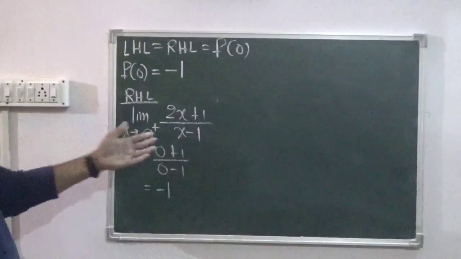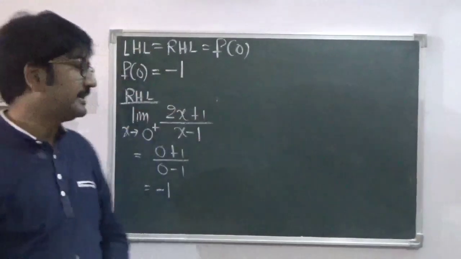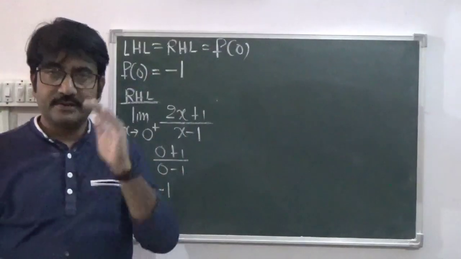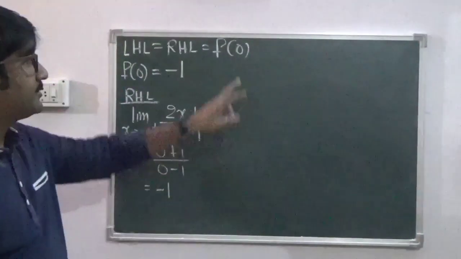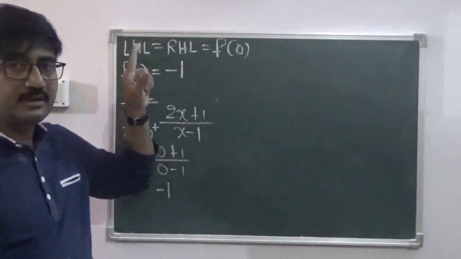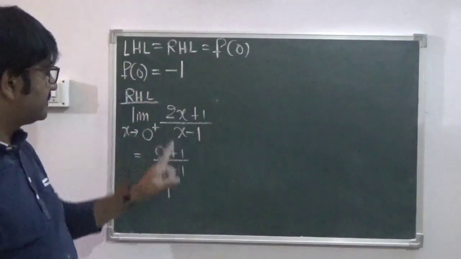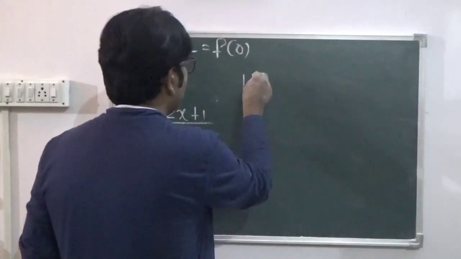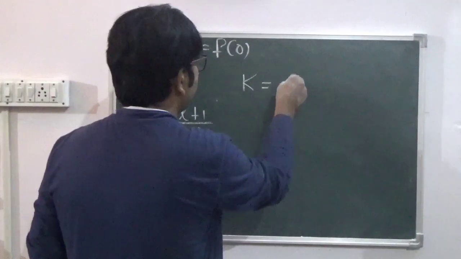So obviously the right hand limit, as we have already told you, has to be minus 1, because the function is given as continuous, so you have f of 0 equals minus 1, the left hand limit you have got equals k, and the right hand limit equals minus 1. So obviously we have k equals minus 1.